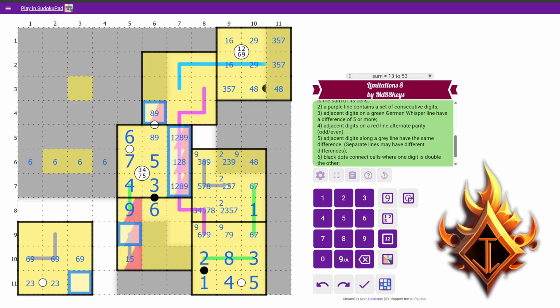Oh, it could be 9, 5, 2. Arg. No, it can't. No, it can't. Right. Okay. 9, 8, 7, 9, 7, 5. So if 8 did go here in this red cell, then 7 would be on this line.